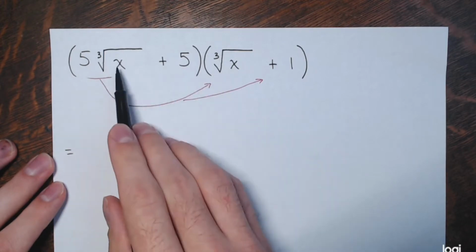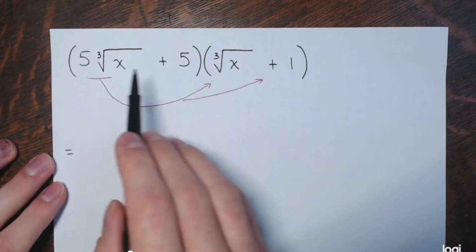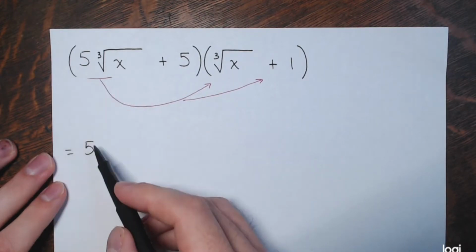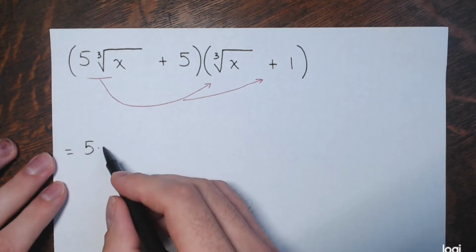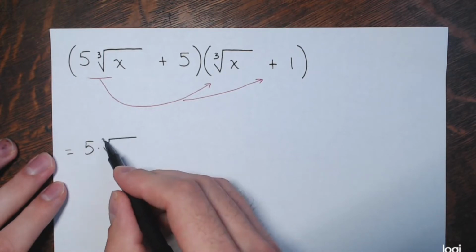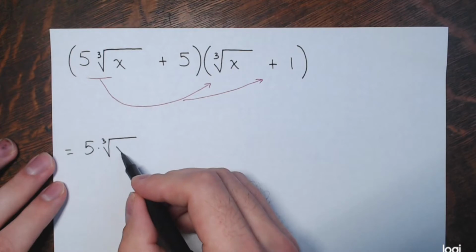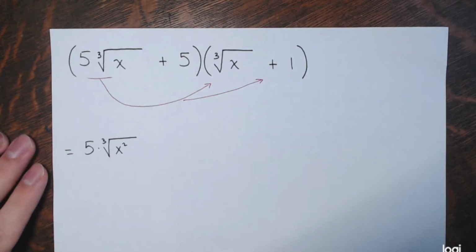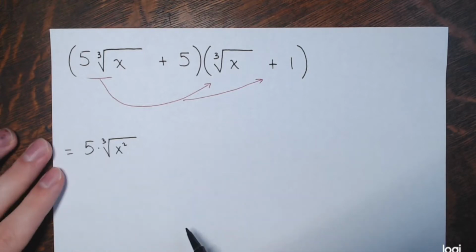Now the cube root of x times the cube root of x I can do. The 5 is not in a radical, so that factor of 5 is going to stay outside. And then the cube root of x times cube root of x, that's the cube root of x squared, right, using the product rule. And that's as good as that's getting.